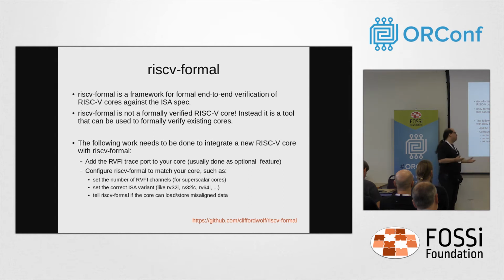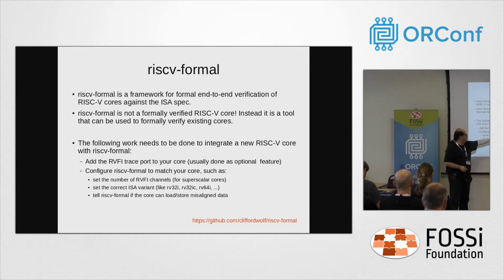And if you are not really sure if the version of your core with the trace port enabled is equivalent to the version of the core with the trace port disabled, well, formal equivalence checking is another part of formal verification, and you can use it here to make sure that you haven't accidentally fixed the bug by adding the trace port here.